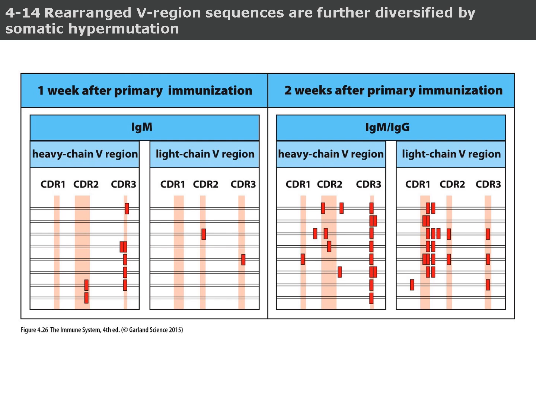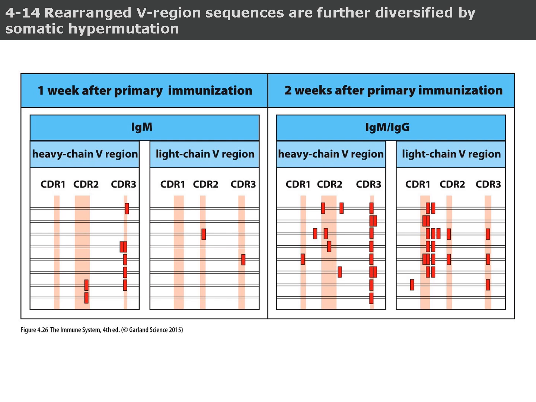On the right, 2 weeks after immunization, a greater number of mutations are observed. These mutations are concentrated in the complementarity determining regions of both the heavy chain and light chain, especially in complementarity determining region 3, which plays a central role in antigen binding.